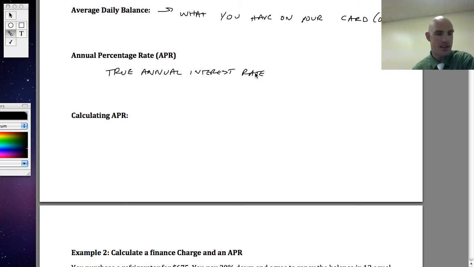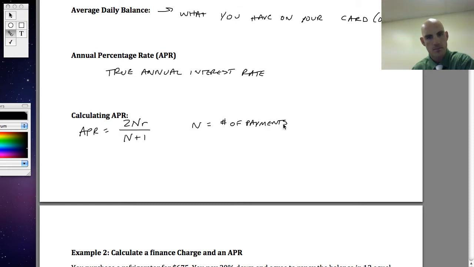To calculate this APR, we have a formula. APR equals 2 times N times R over N plus 1. Capital N is the number of payments, and R is my rate. So we're going to calculate APR.